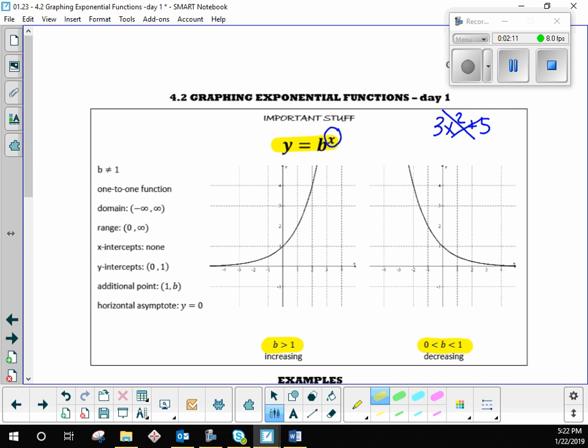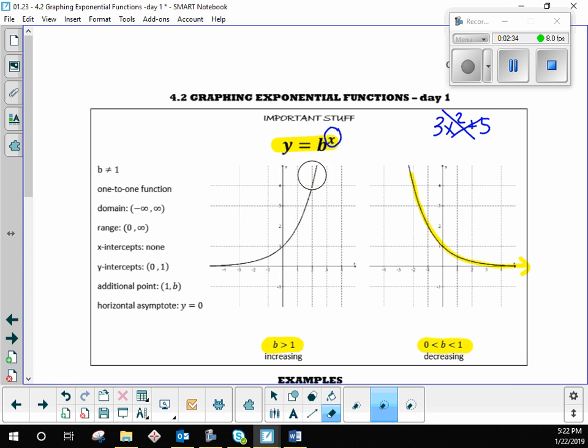We call it decreasing because as x goes to infinity, what's its end behavior? Well, y is decreasing. On the left graph, as x goes to infinity, y is increasing, going to positive infinity. So this is the behavior depending on the base.